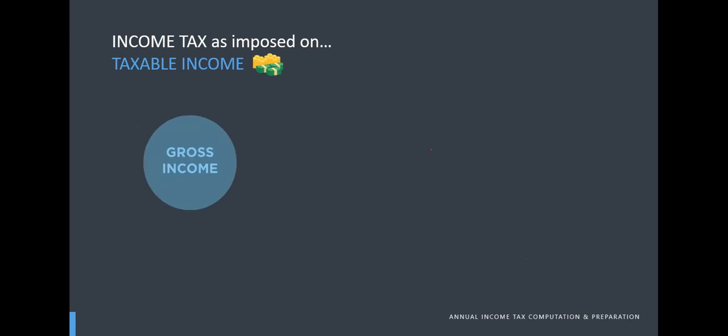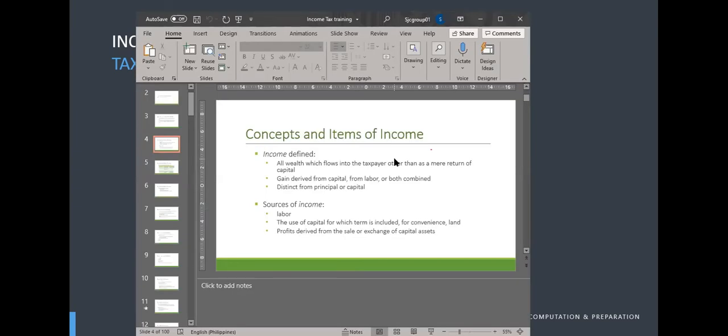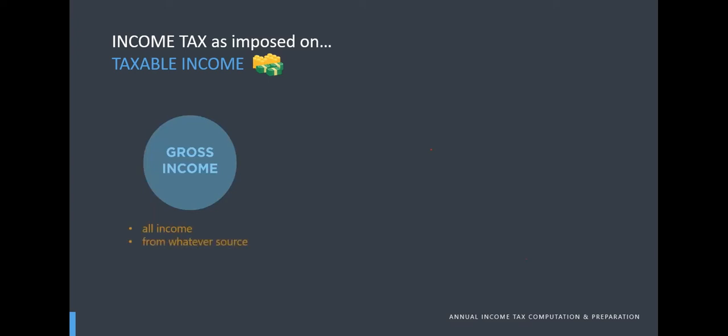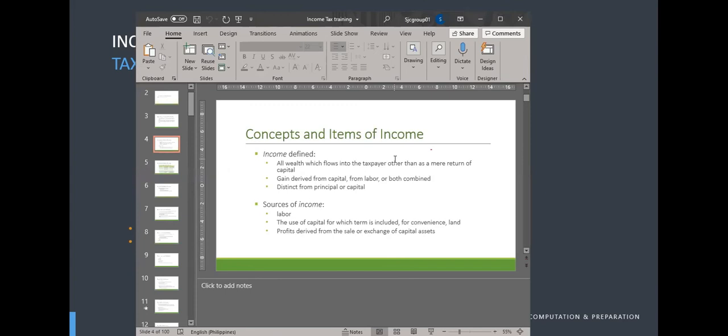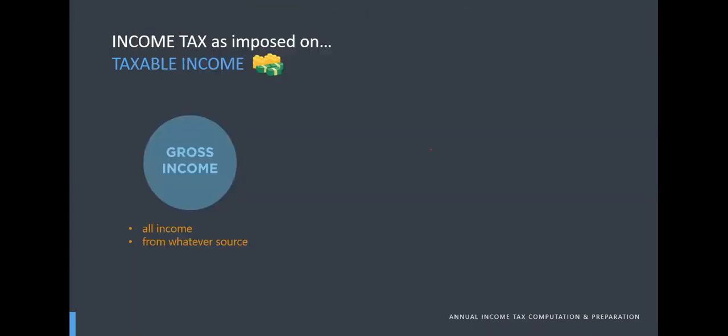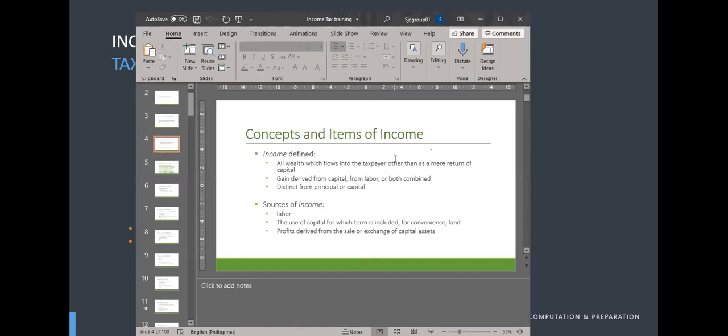Gross income. So income is all wealth or income derived from whatever source. So what sources are we talking about? It could be from capital, from labor, from business, or both combined.